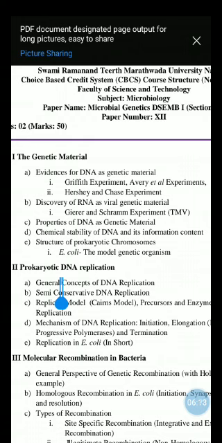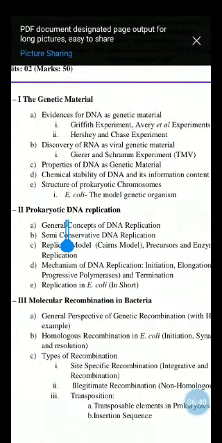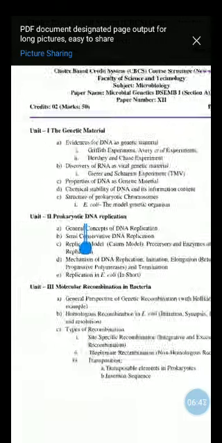The next, properties of DNA as a genetic material. Next, chemical stability of DNA and its information content. Next, structure of prokaryotic chromosomes. Under that, Escherichia coli, the model genetic organism.